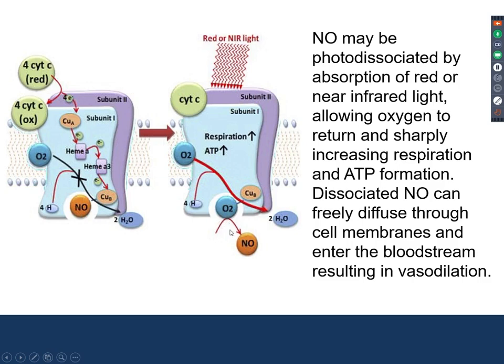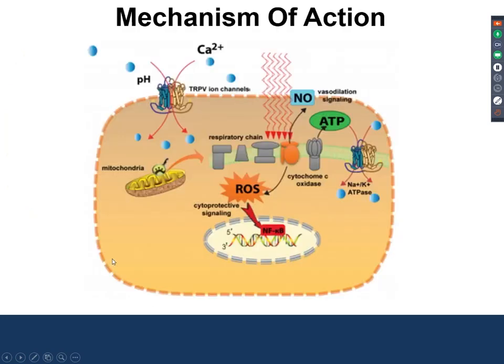The nitric oxide is free to diffuse through the membrane, allowing oxygen to bind back on, and therefore increasing the respiration rate and the ATP production, allowing the cell to increase its metabolism, increase the mitotic index, and start to have regeneration and repair of damaged cells and tissues. So think of it as a boost of energy by illuminating these cells with light.